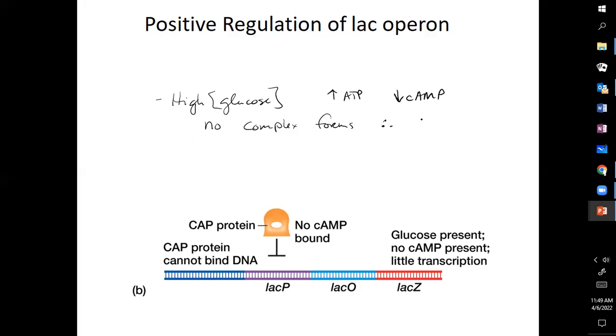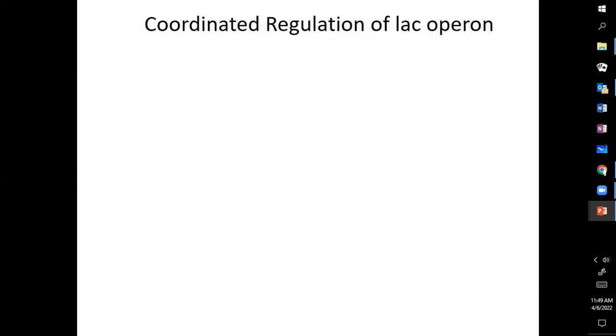Therefore, it does not bind the activator binding site. So polymerase can get in here, but it doesn't come to the promoter region as efficiently. So we have limited transcription because polymerase doesn't get in here quite as easily. And if you think about it, you don't need to metabolize lactose if you have glucose. And so both the negative and the positive regulation systems are in play with the lac operon.